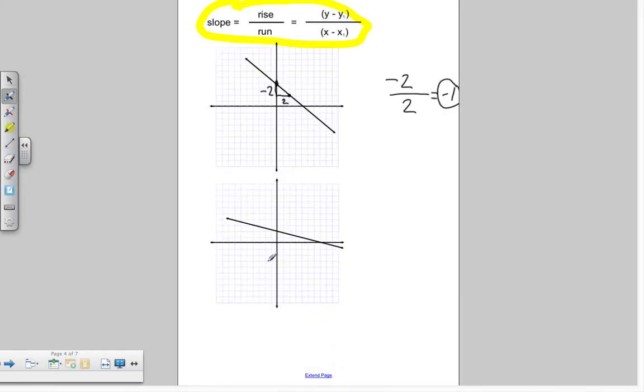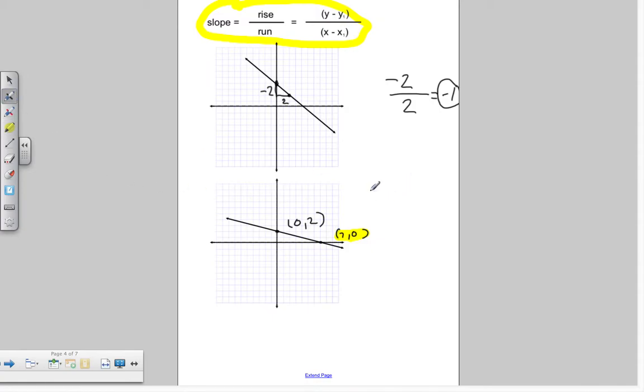So it's getting a little bit harder to see, but let's use the points here. This point here is (0, 2), and this point here is (7, 0). Those happen to be the 2 points I'm going to choose. I could use the rise over run, which personally I prefer, but I'm going to use the y minus y1. And I'm going to make the highlighted my y1 and my x1.